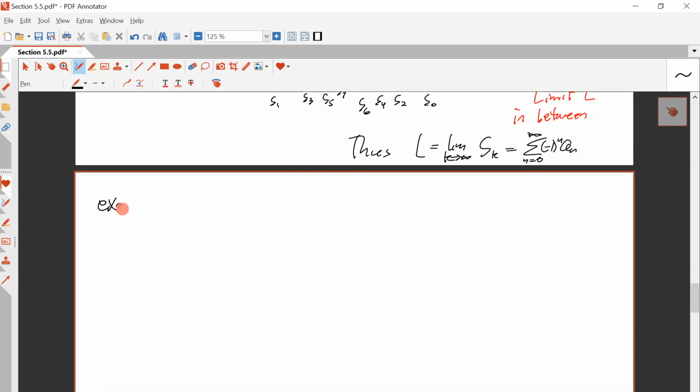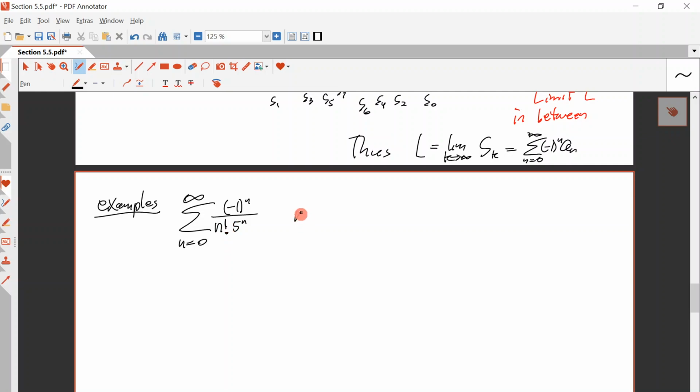Let's do some examples. The sum n equals 0 to infinity of minus 1 to the n over n factorial 5 to the n.